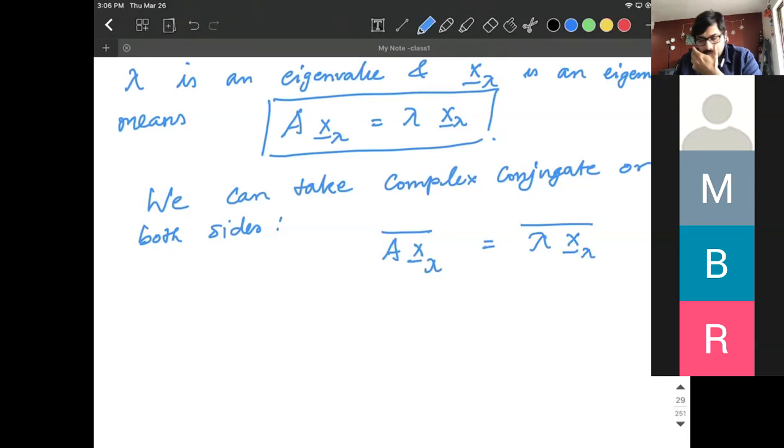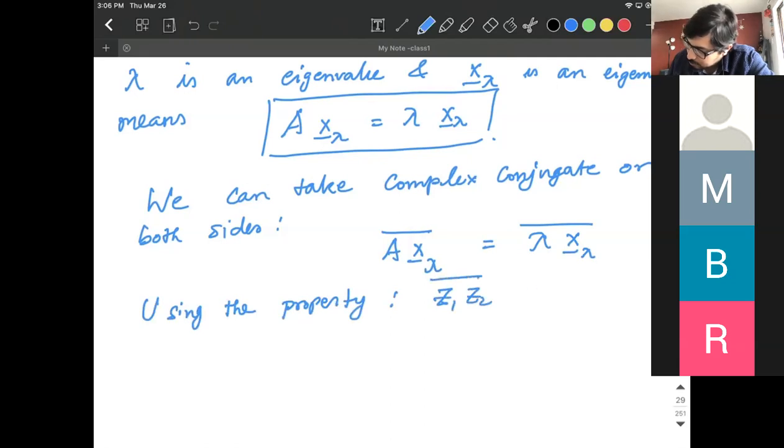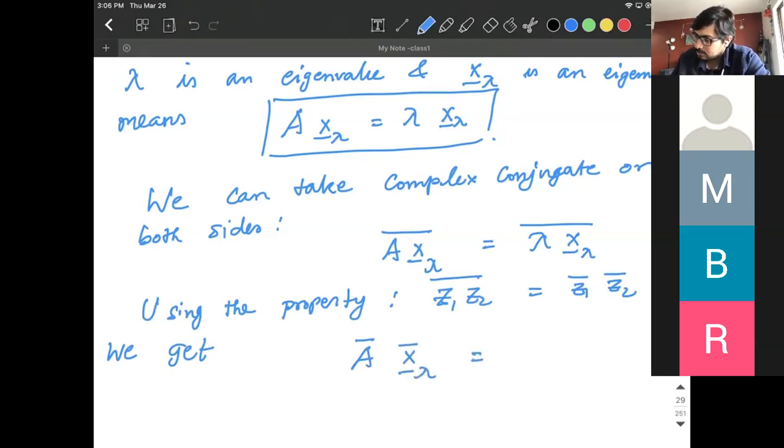Okay, and using the property that the conjugate of Z1 Z2 is Z1 conjugate times Z2 conjugate, we get that this is A conjugate times x conjugate, in that sense, equals lambda conjugate times x conjugate.